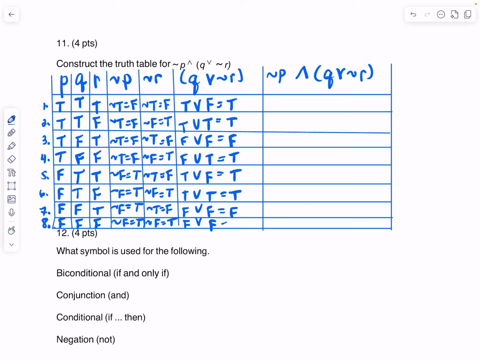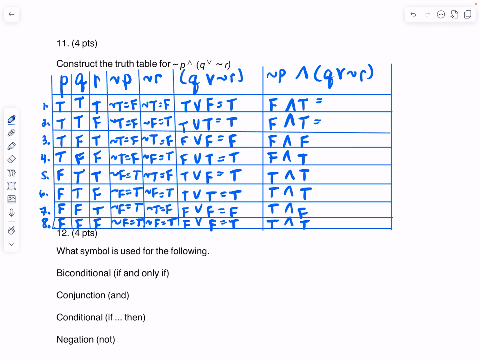Because again, you just need one true in Q or R or whatever you're looking at for it to be true. All right, so I'm going to take this negation P column, which was false, false, false, false, true, true, true, true. I'm going to put the and symbol. And then I'm going to write down what I just found, which was true, true, false, true, true, true, false, true.